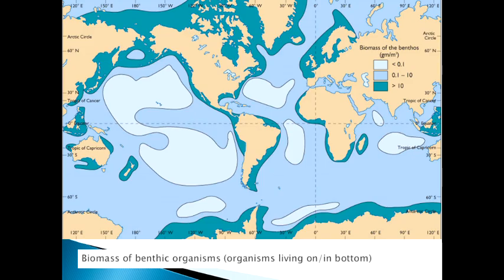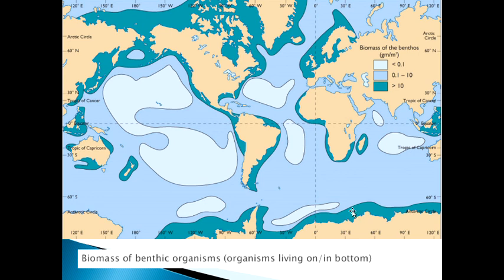If you then map again the biomass of the benthos, those are all those creatures living on the bottom, again this is reflected in the similar chart. Low levels in the oceans, higher in the coastal areas, and if you were to separate it out, it's highest still in these areas where there is active upwelling.